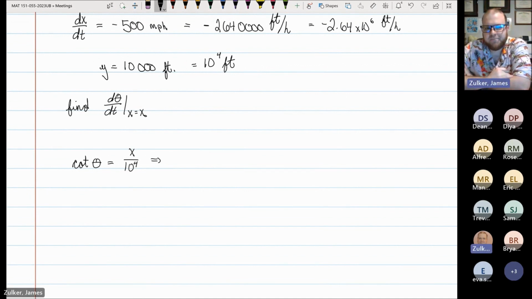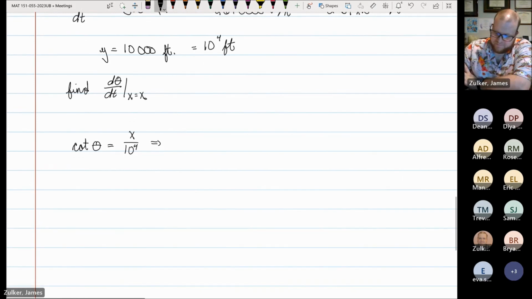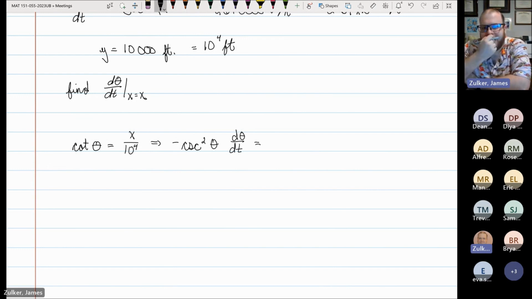Now we need to differentiate. So the derivative of cotangent is negative cosecant squared. Right, and then don't forget theta is changing, so we have to multiply by d theta/dt. The right-hand side would just be dx/dt over 10 to the fourth.